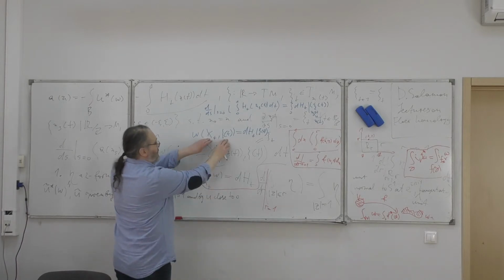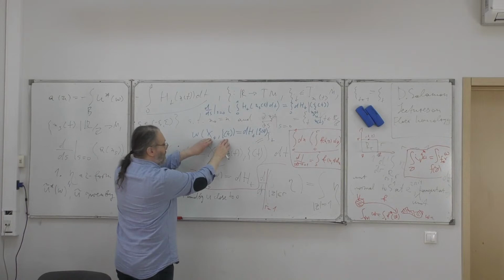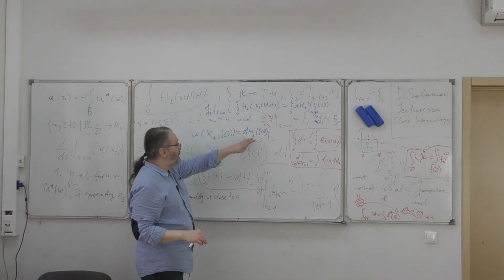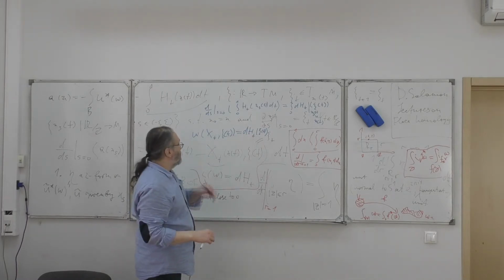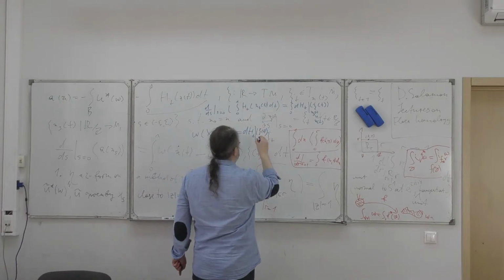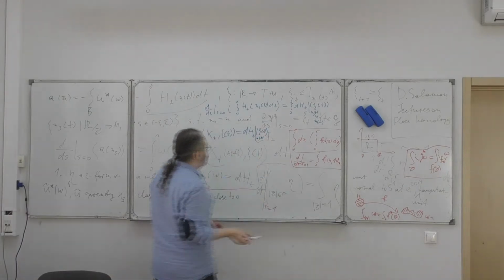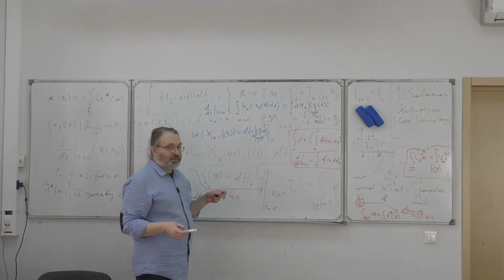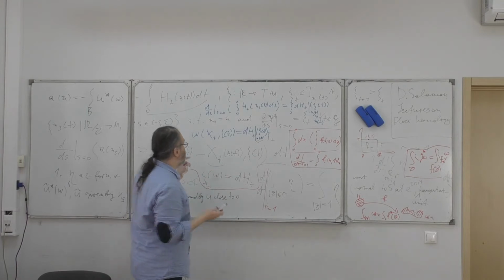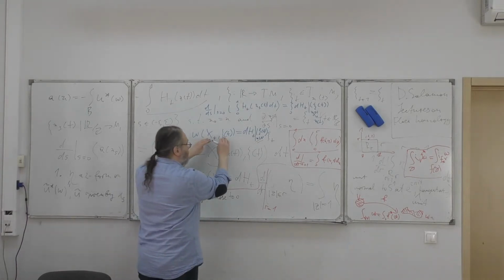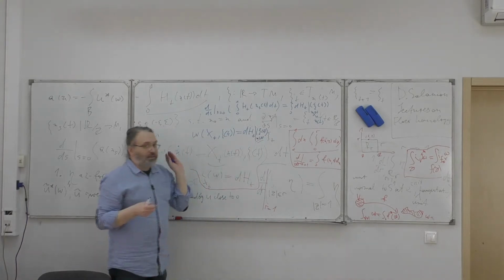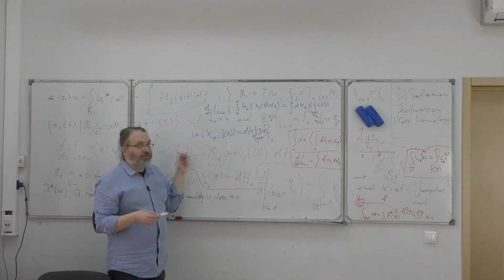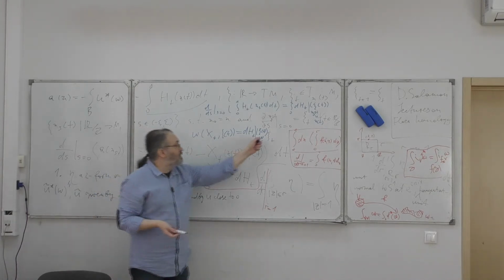Omega applied to the value of xt and this tangent vector is the same as the differential of dh taken at xt applied to the same tangent vector. What is important is that everything, the left hand side and the right hand side, happens in the tangent space to M at some given point. What is this point? Small x of t.